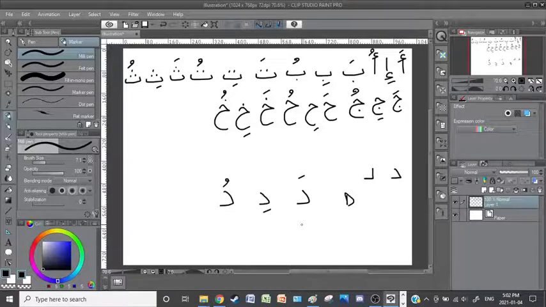Dal with a fatha is Da, as if you're saying Dan but without the N. Dal with a kasra is Di, like the song Did D. Dal with a dhamma is Du.